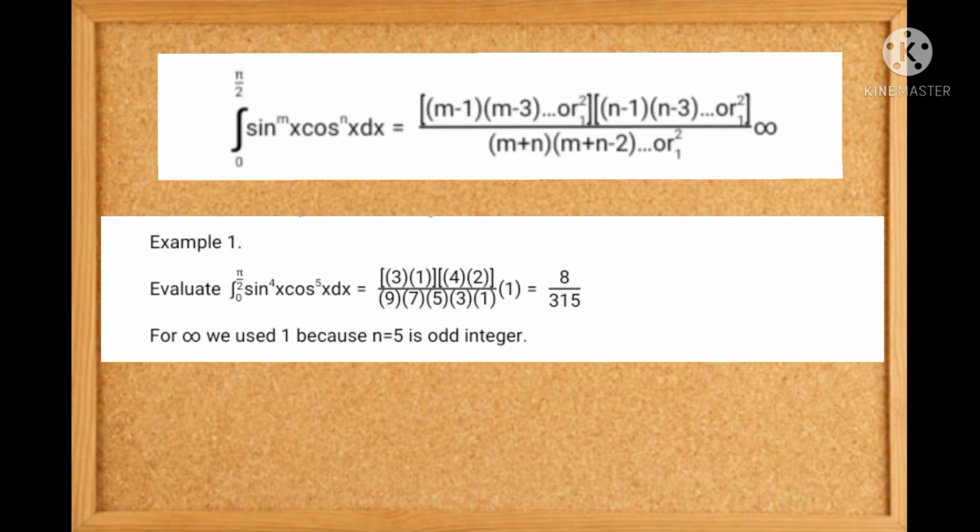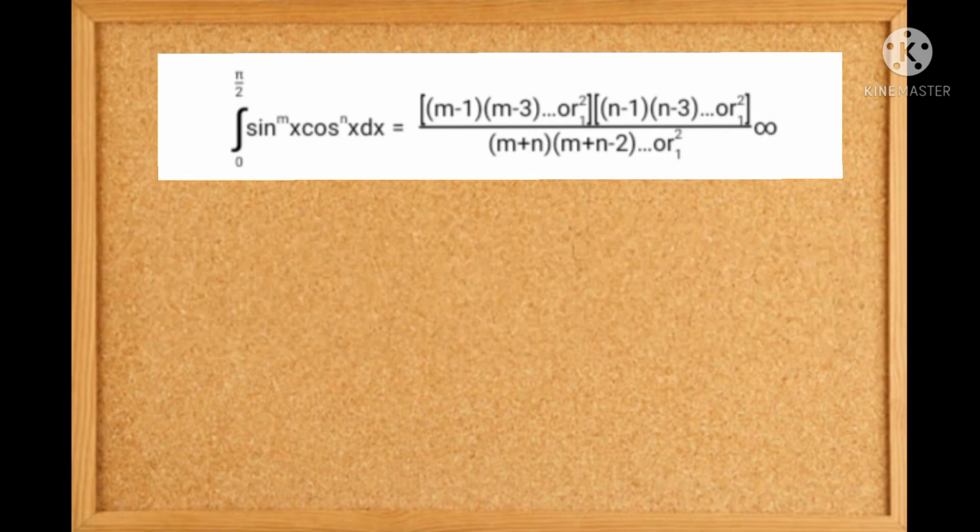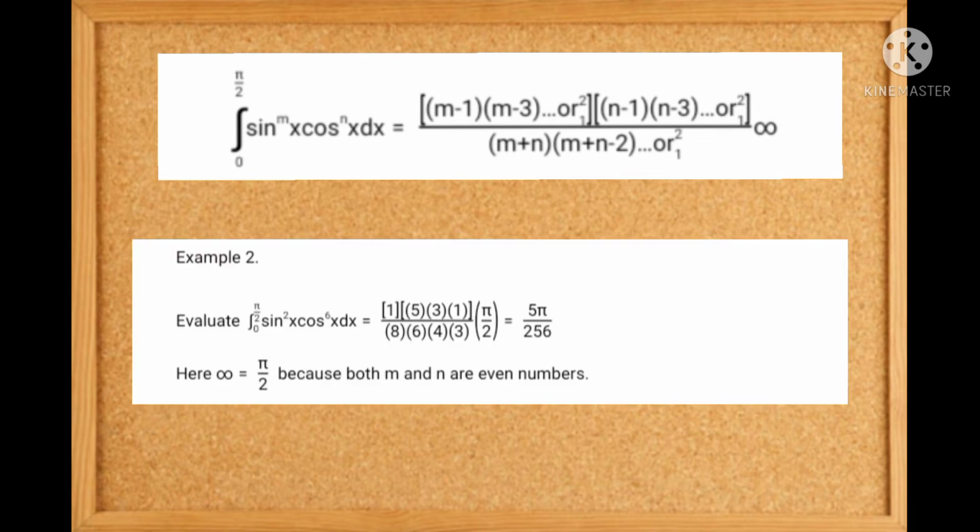For the factor, we use 1 because n is equal to 5, an odd integer. In the denominator, m plus n is 4 plus 5, equal to 9, until it reaches 1. Just multiply, and the result is 8 over 315.